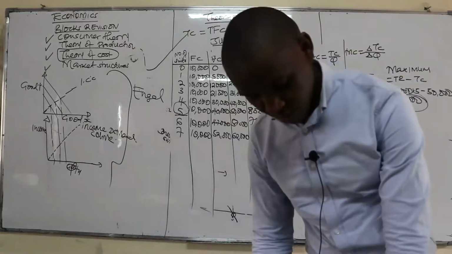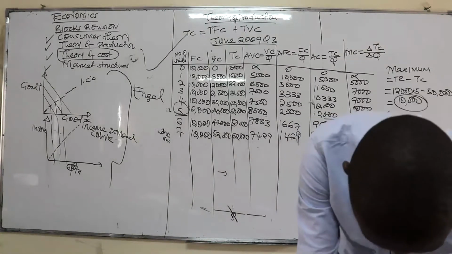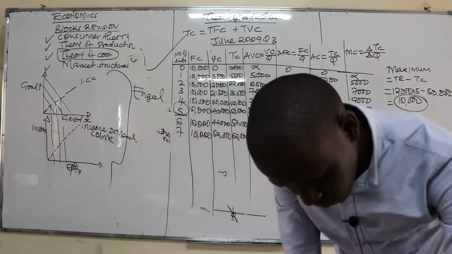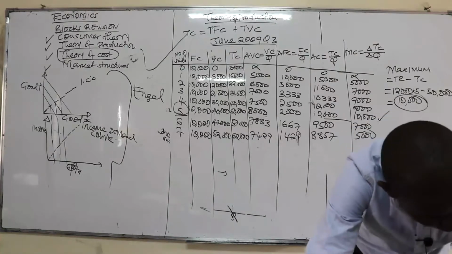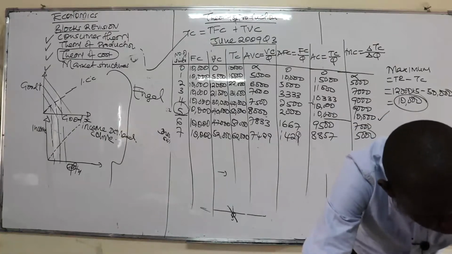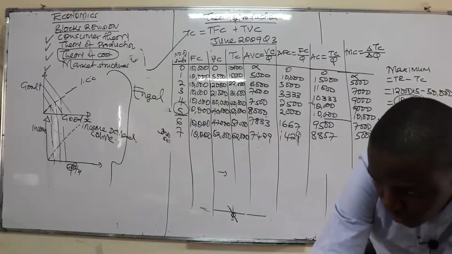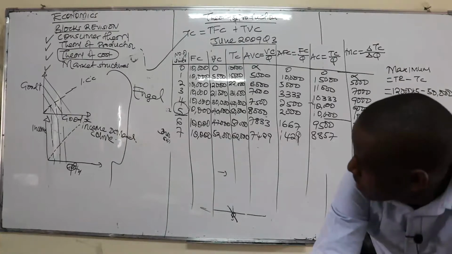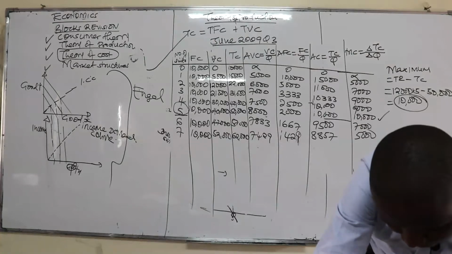So that is what you are required to understand on the theory of cost. The other thing is on market structures. The time that we have is not going to allow us to do the market structures, so I'll do it in the next class.